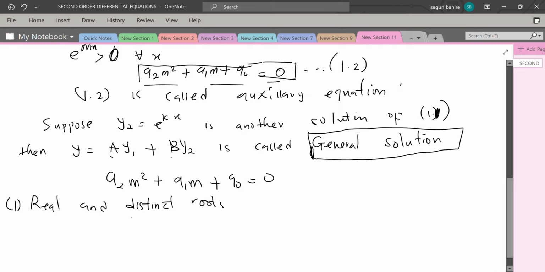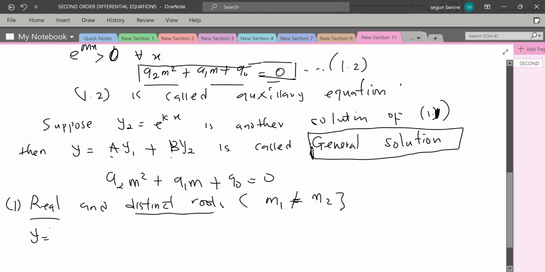That means if we solve the equation, we have two roots, m1 and m2. If m1 is different from m2, we call them distinct roots, and they are real, not complex numbers.